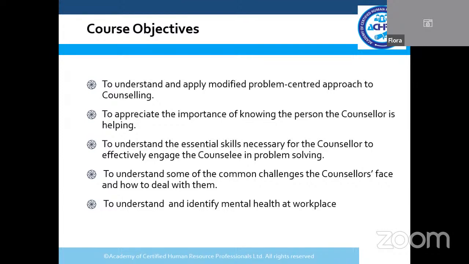We are also going to appreciate the importance of knowing the person the counselor is helping. And we say that before you start helping Flora, it's me, you have to understand me. And what is this which is going to help you to understand me? We are going to look at it as we help our clients go through this session. Then we can be able to help them to understand.